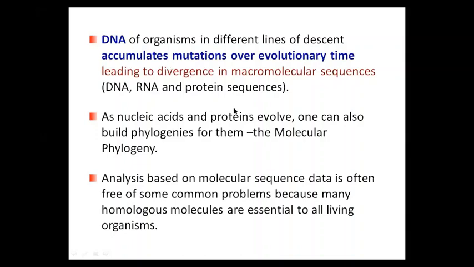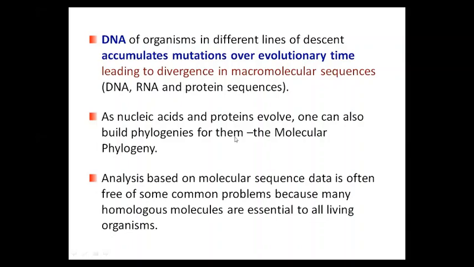DNA of the organisms in lines of descent accumulates mutation over evolutionary time. Mutation is a continuous process which occurs both spontaneously as well as under the influence of certain mutagenic factors in the environment. This process leads to changes in genotype over a period of time. And due to accumulation of the result of mutation, there can be significant impact on the phenotype, resulting in observable changes in the physical, biochemical, and other characteristics.